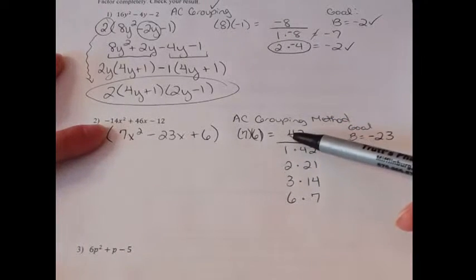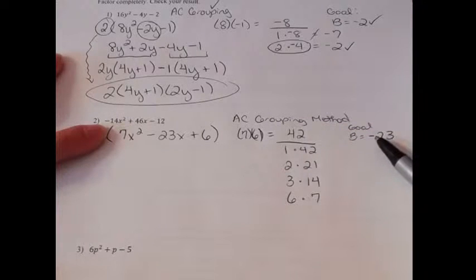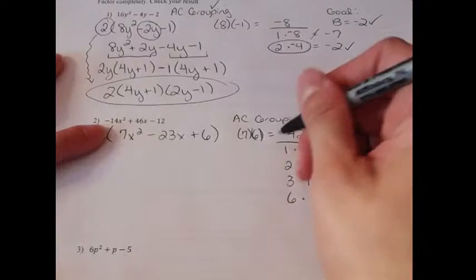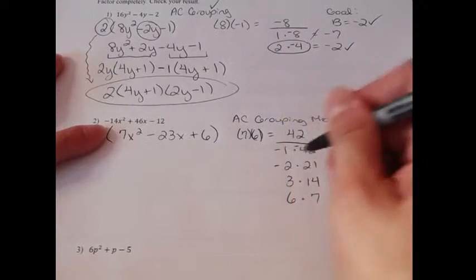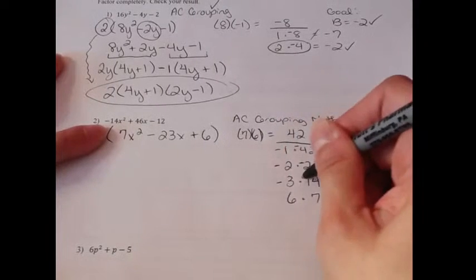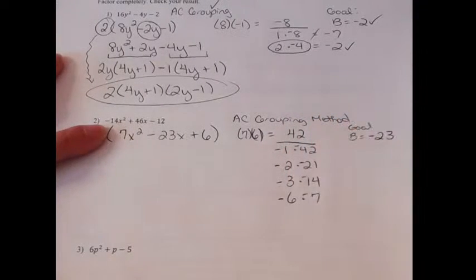I have a positive 42, and notice I want my result to be a negative 23. What that ends up telling us is that both of my factors have to be negative. That's the only way that when I multiply, I get a positive number, but when I combine them through addition and subtraction, I get a negative result.